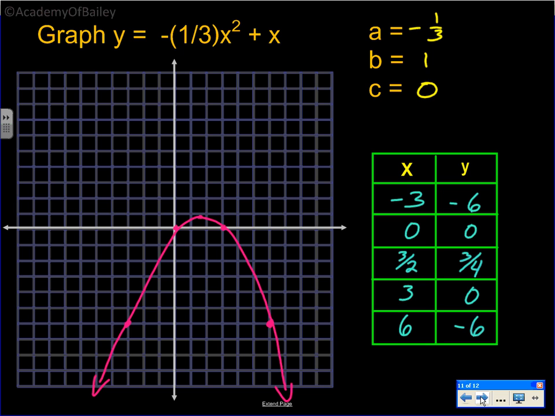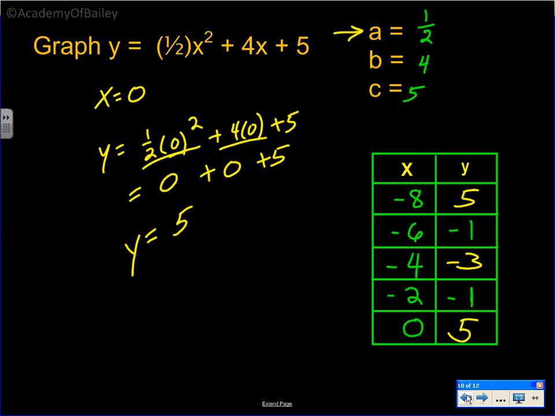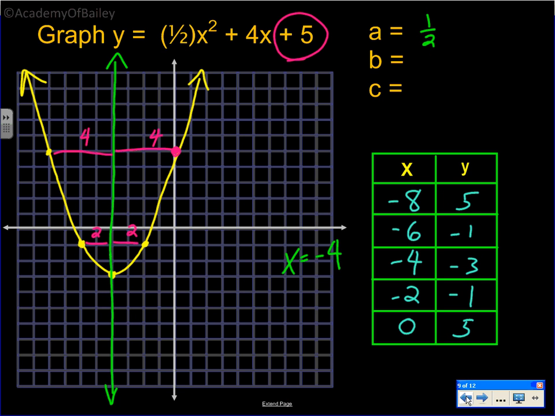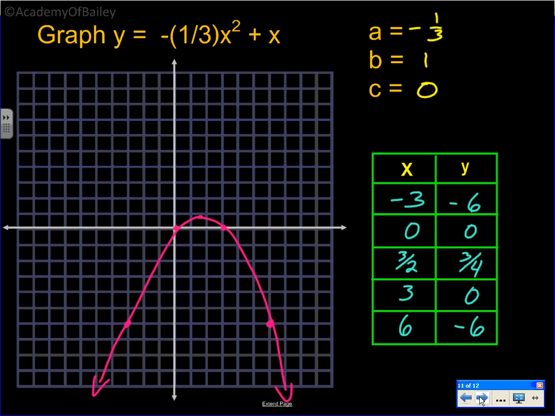If you notice, it looks like this one is slightly, just a little bit larger, a little bit wider than the other one. You're not going to see much of a difference with these values that are so close. When you start working with really small numbers like 1/10 for a, then you would notice a great difference.